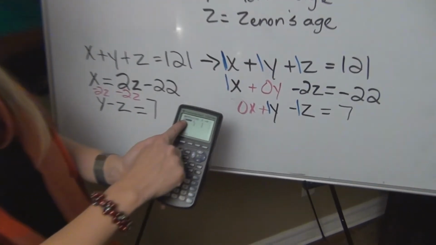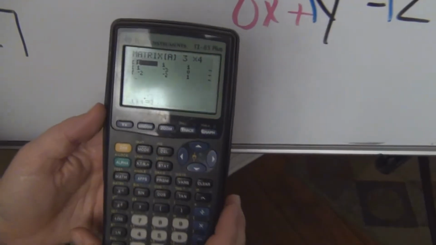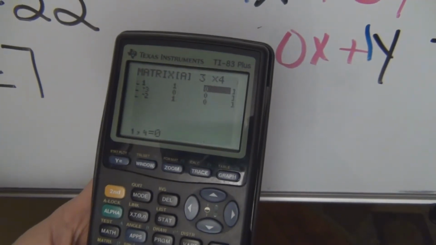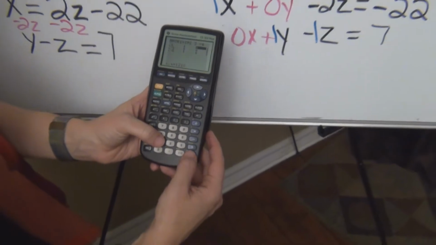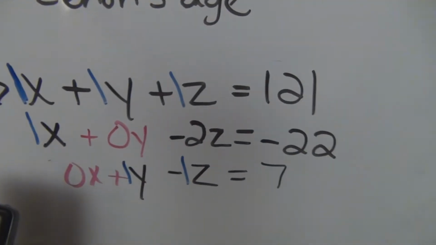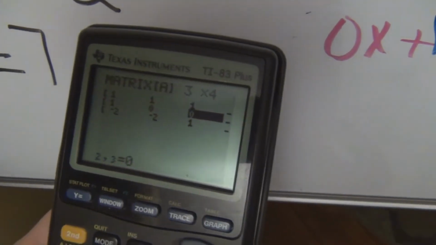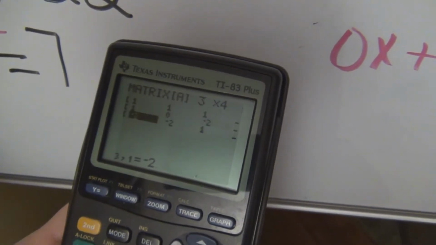Now I'm going to carefully type in each of these numbers. So I've got 1, 1, 1, 121 across the top. So 1, 1, 1, and I'm hitting enter in between each number, 121. Next row, 1, 0, negative 2, negative 22.